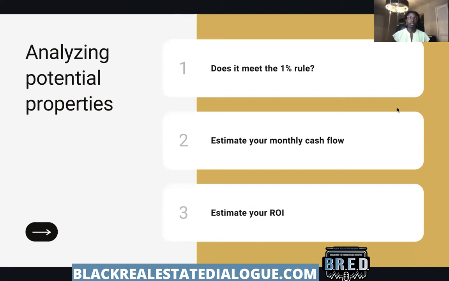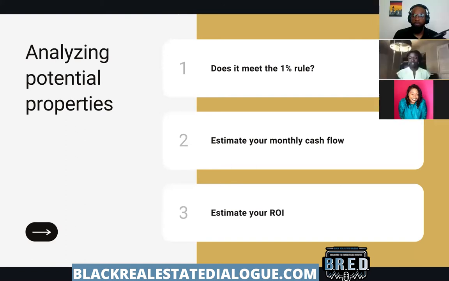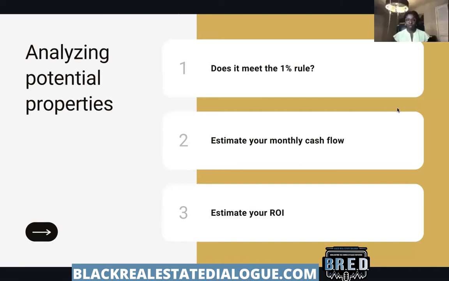What investors in the real estate realm call the 1% rule is a simple rule that says, at first glance, when you're looking at a property, a listing on the MLS, on Zillow, or whatever, and you look at the purchase price, what you can potentially rent the property for should be at least 1% of the purchase price before you even go further, right?